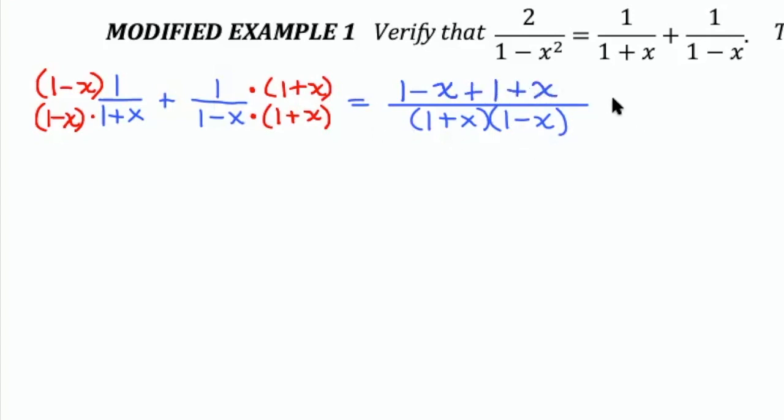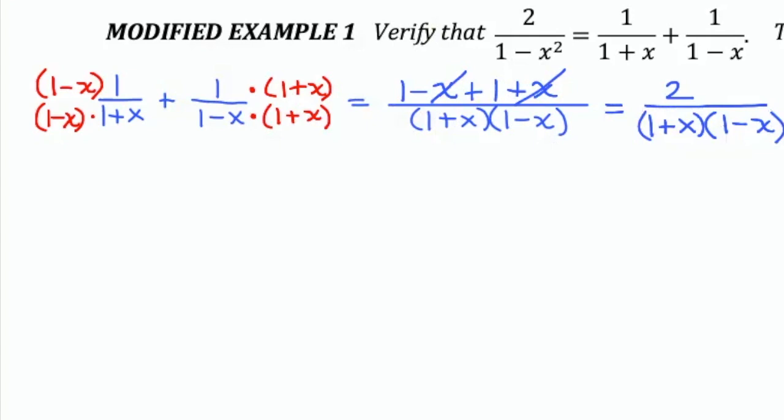Now all over my common denominator, you can see how the x's are going to drop out. And I get 2 over 1 plus x times 1 minus x. And when I look at my original statement here, I only have a binomial instead of a product of two binomials.